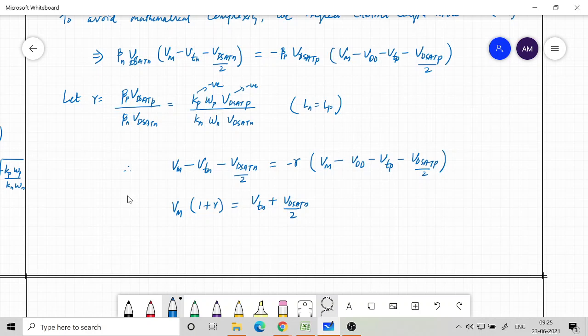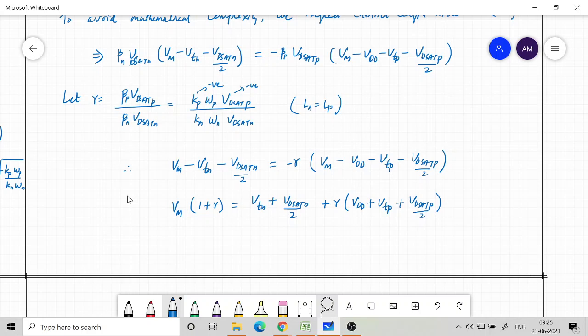Okay, so these two terms I took to the other side, then I absorb the minus sign inside and I write plus R into all the terms become positive, so that will be Vdd plus Vtp plus Vd sat p divided by 2. Okay, Vtp and Vd sat p divided by 2, they are negative quantities. Vdd is positive.